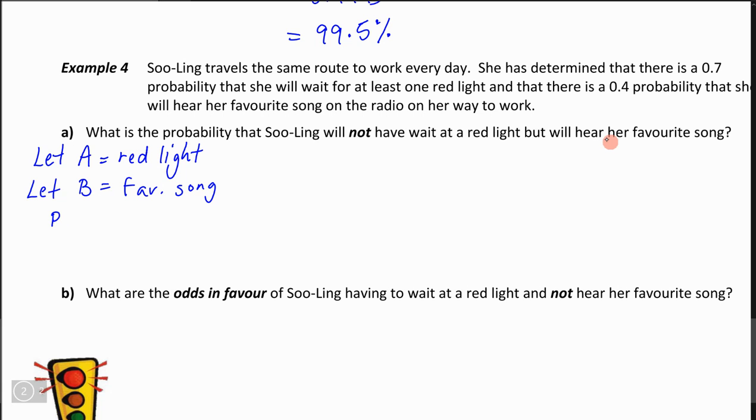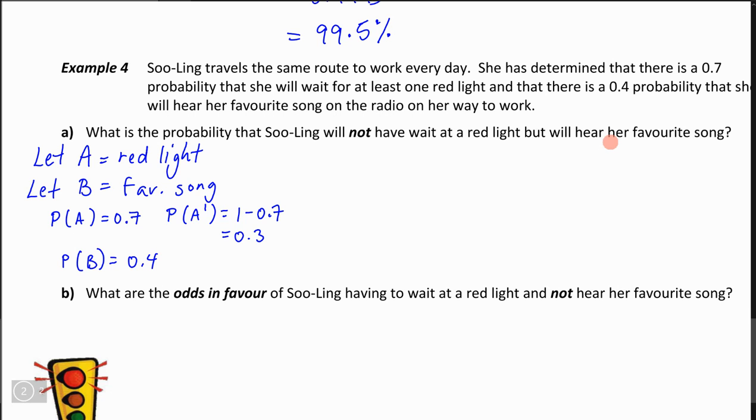So the probability of A is equal to 0.7, so 70% that she will have to sit at a red light. Then the probability of A prime, the event where she does not have to sit at the red light, would be 1 minus 0.7, which is 0.3. Okay, and the probability that she will hear her favorite song is 0.4.